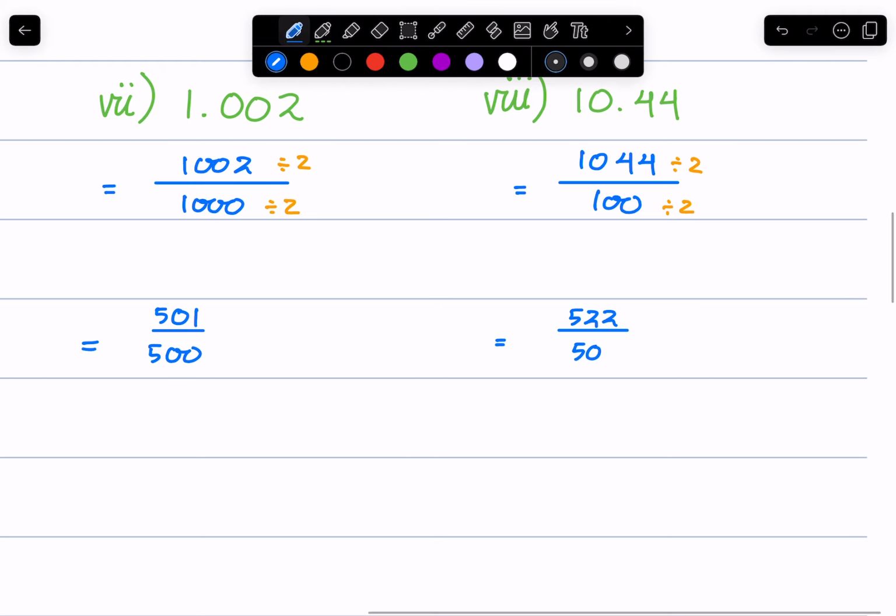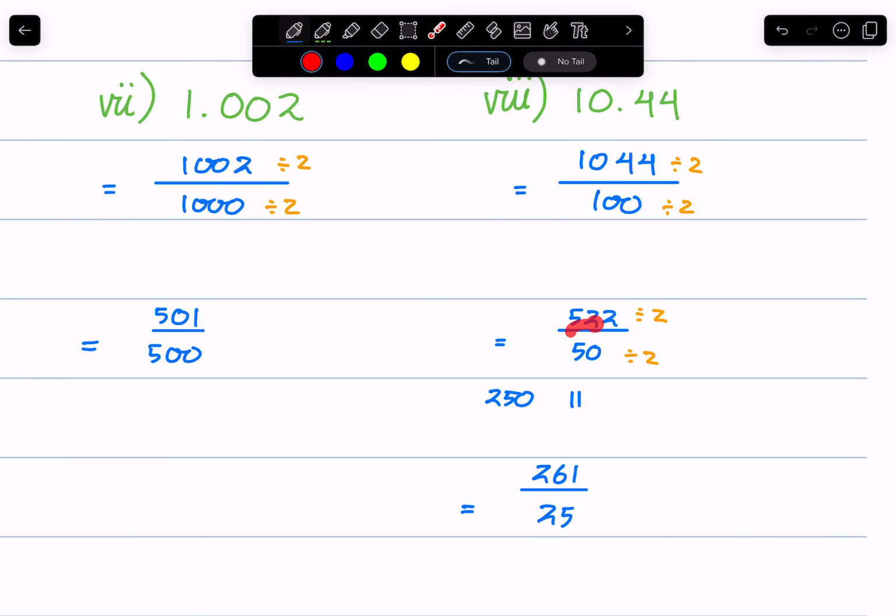Both numbers are again even, so we can halve both again. 1/2 of 500 is 250. 1/2 of 22 is 11. So this becomes 261 over 25. And in case you missed it, it's because it's 50 divided by 2, which gives us the 25.